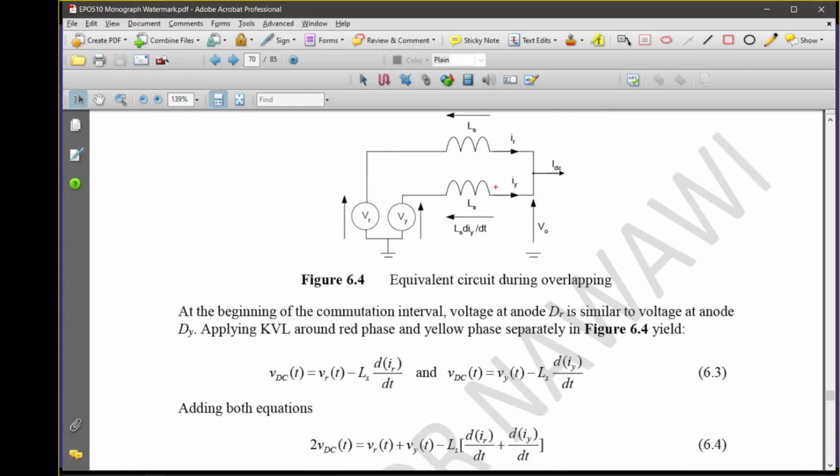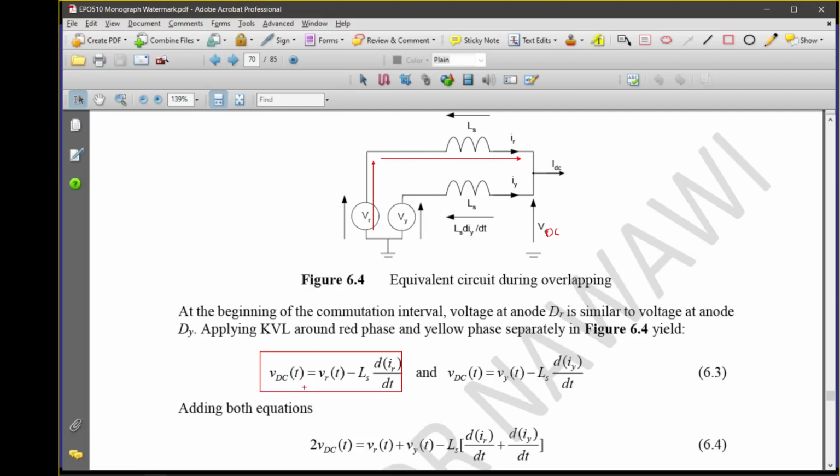You must follow this correctly, and then we have this equation for VDC, which is the output here. Don't worry about the notation: Vout and VDC are the same. So VDC equals VR minus, taking this path, minus VR plus IR Ls dIR over dt plus VDC.